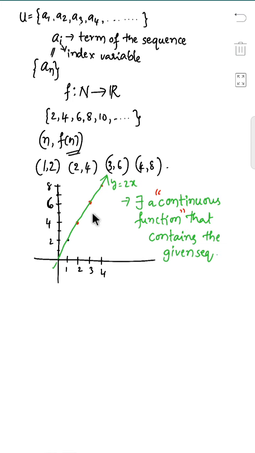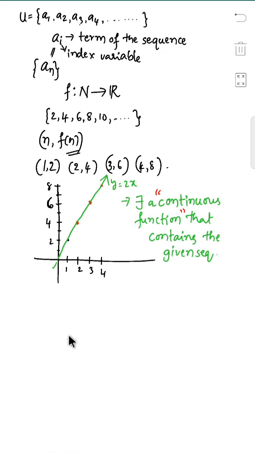Okay, with this, the terms of the sequence. We know what is the term of a sequence, and what the index variable means. A sequence need not follow a pattern. Normally when problems are given, it follows a particular pattern, that means a particular generating term.